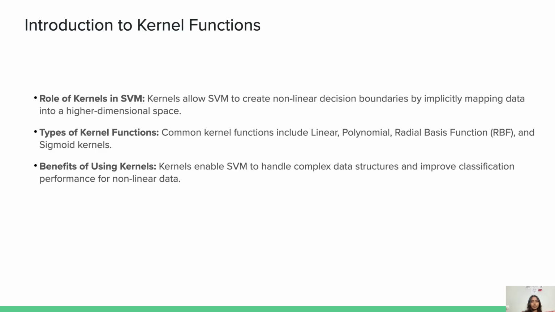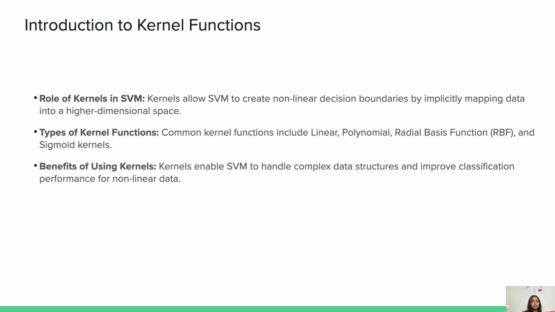Introduction to kernel functions. Role of kernel in SVM. Kernels allow SVM to create non-linear decision boundaries by implicitly mapping data into a higher dimensional space. Types of kernel functions.